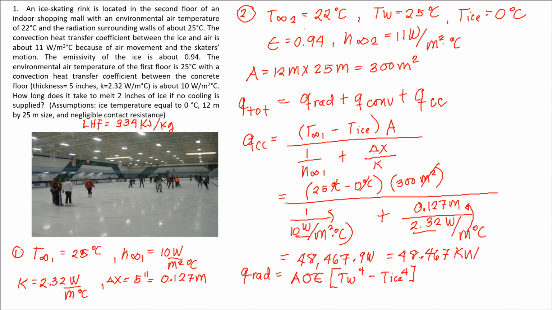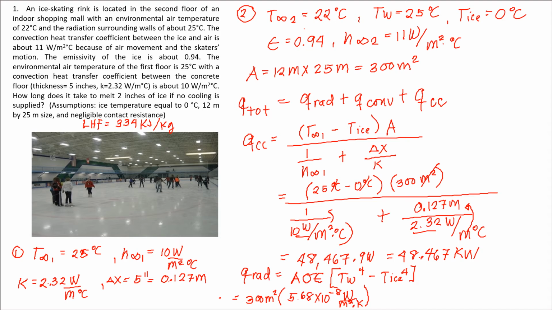Through substituting, we will have 300 meters squared multiplied by 5.68 times 10 to the power of negative 8, which has a unit of watts per meter squared per Kelvin.